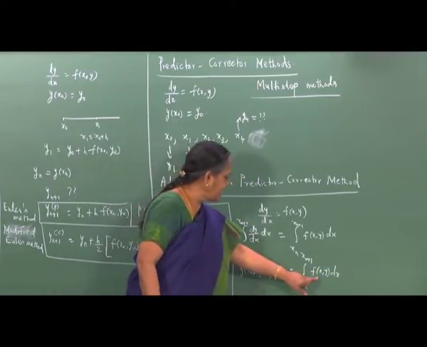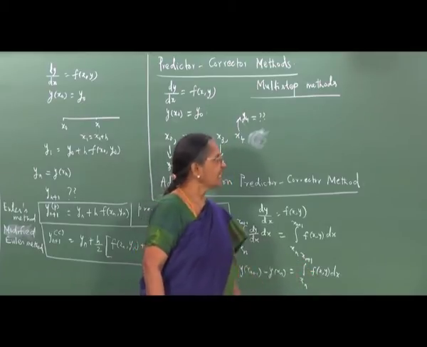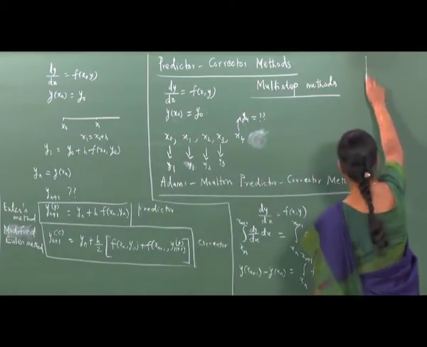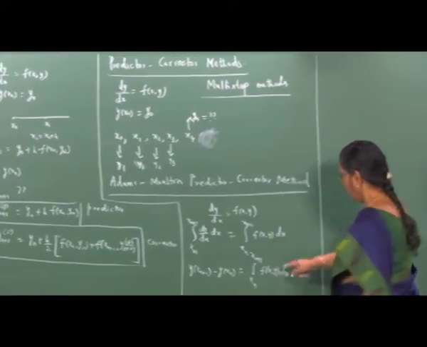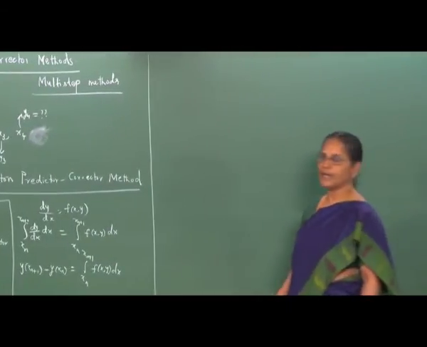So, at this stage I shall approximate the function f of x comma y using Newton's backward interpolation polynomial.